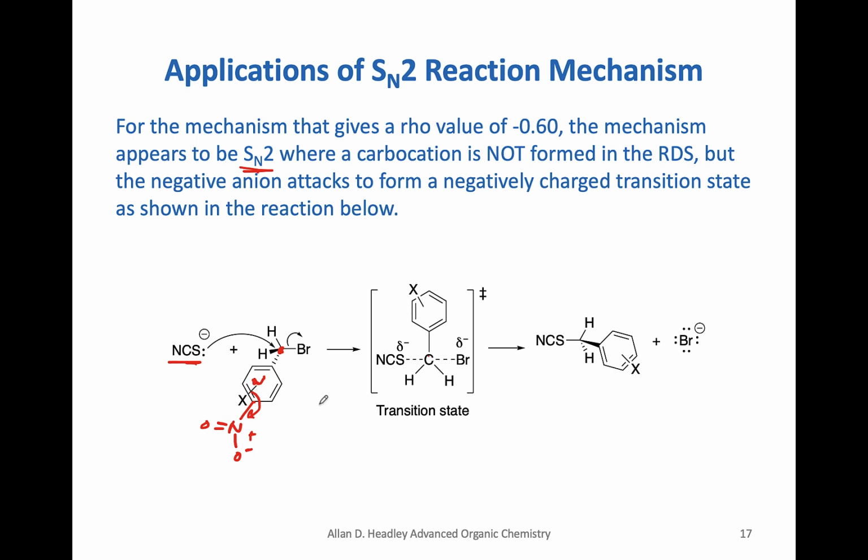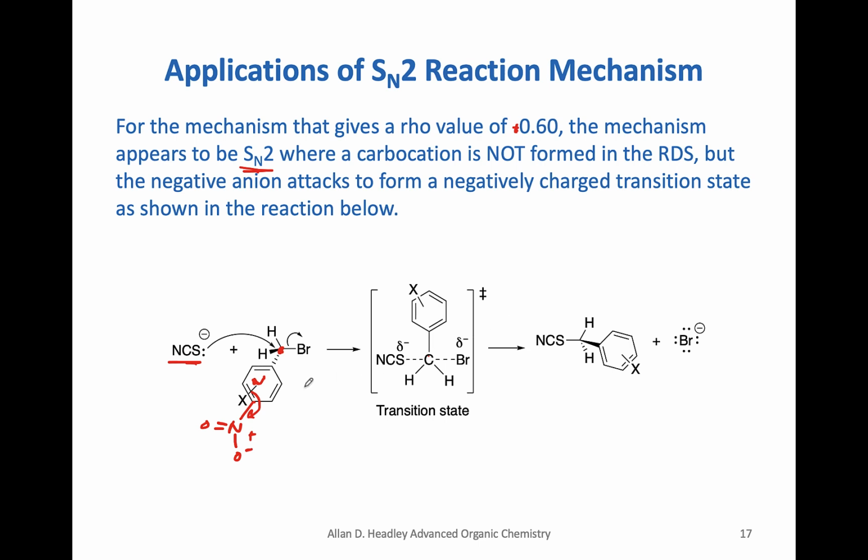So this mechanism is consistent here with this should be positive. Pardon me, I'll correct that on the overhead. So this rho value here of positive 0.6 is consistent with a negative or negative distributed transition state here for the SN2 reaction.